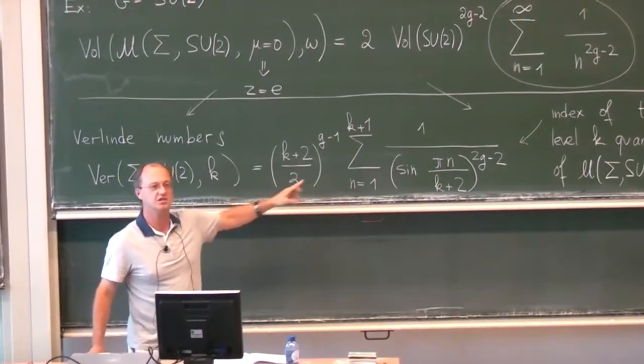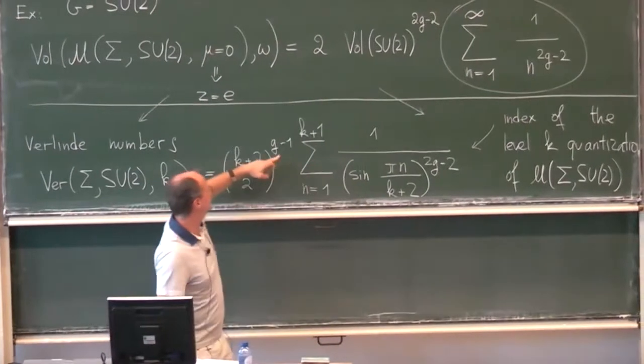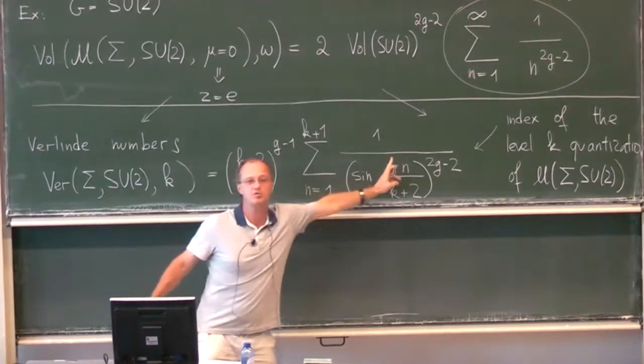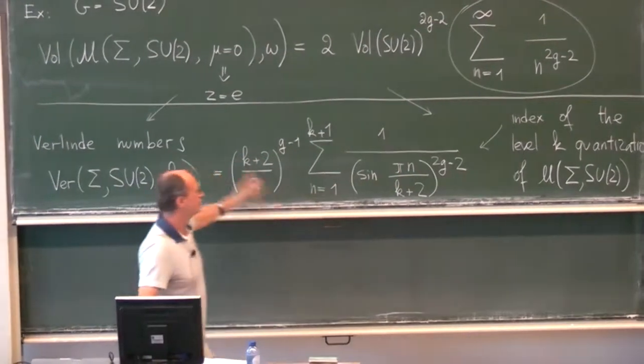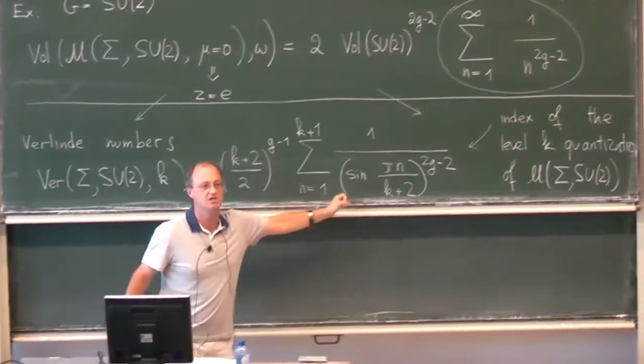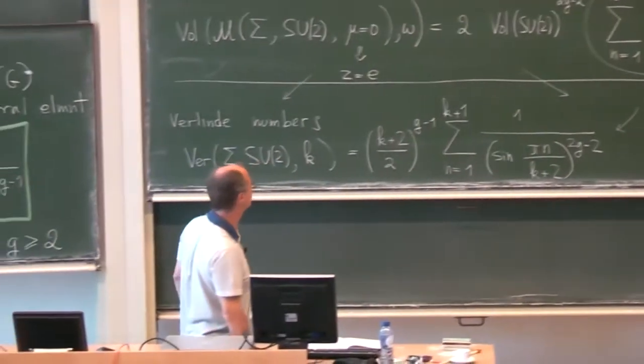That's not at all obvious except for the case of g equal to 1. For g equal to 1, this is a sum of ones. But for the other cases, it is a highly non-trivial statement that those numbers are integers.